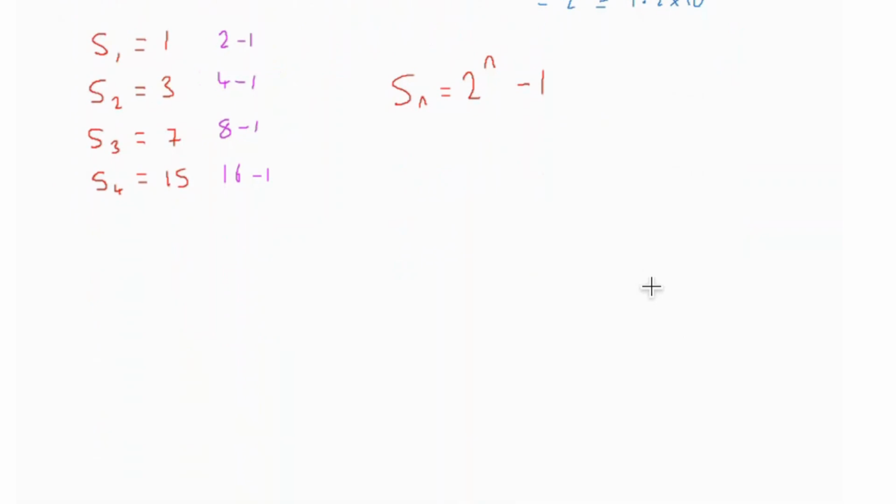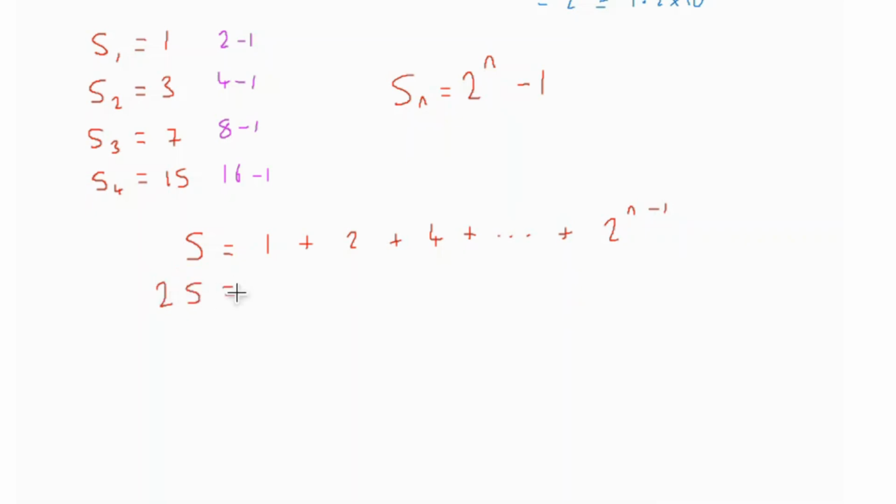So we're going to start with our series again. I'm going to call it S, and it's equal to 1 plus 2 plus 4, plus all the way up to plus 2 to the n minus 1. And beneath that, I'm going to write the same thing, but I'm going to double the whole thing.